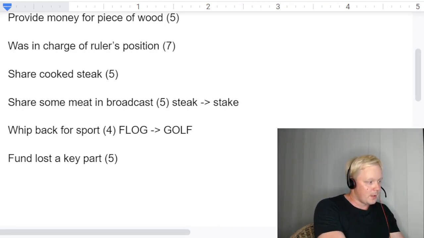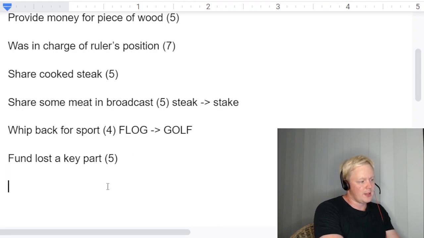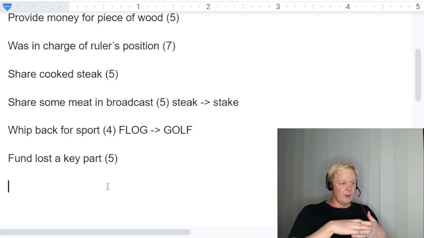Now we have a couple of wordplay components that are still pretty widely used.